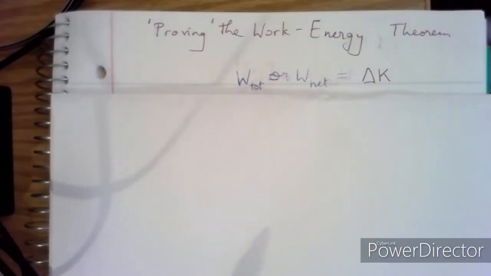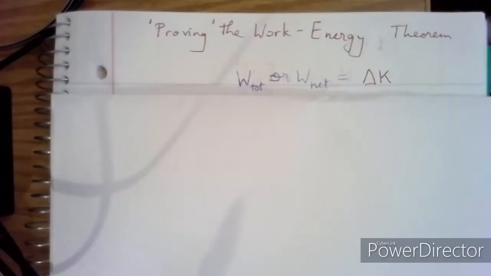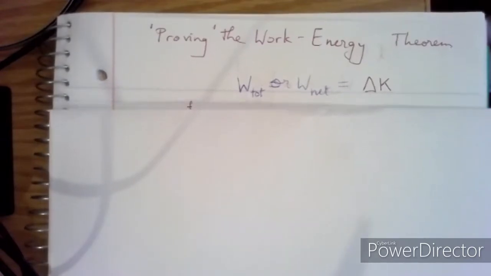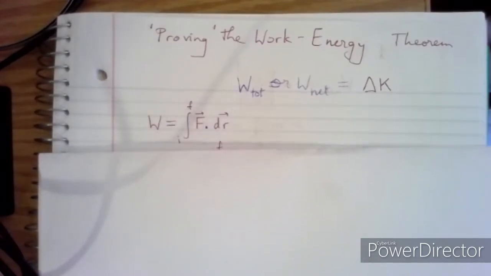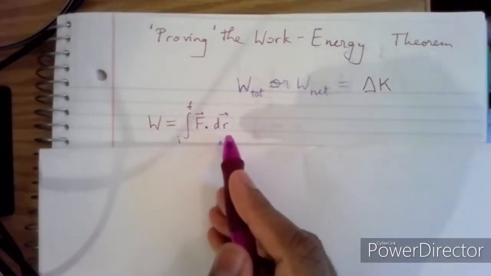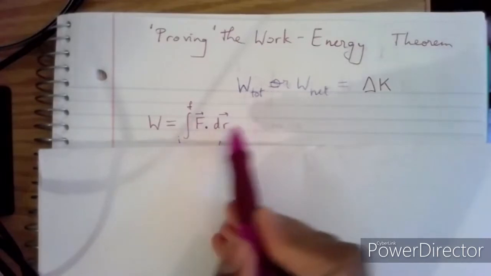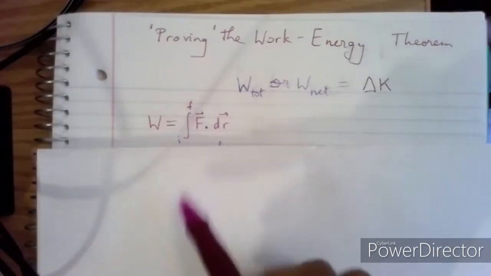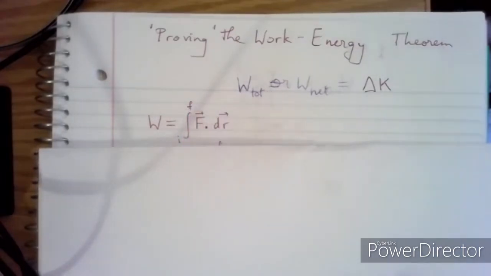To prove it, we start with the definition of work, which is simply the integral of force with respect to displacement, the dot product, from some initial position to some final position.